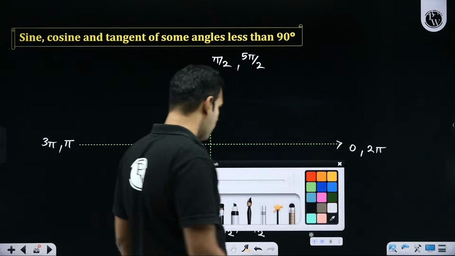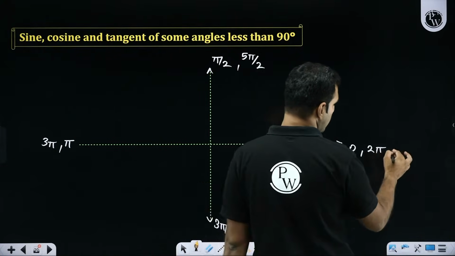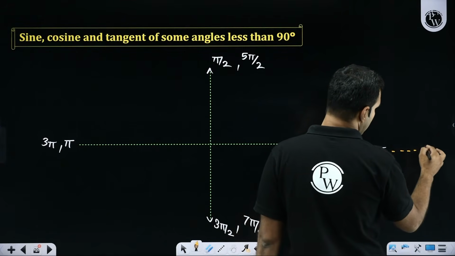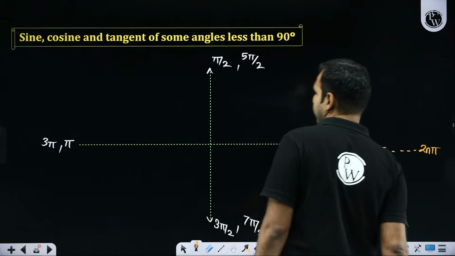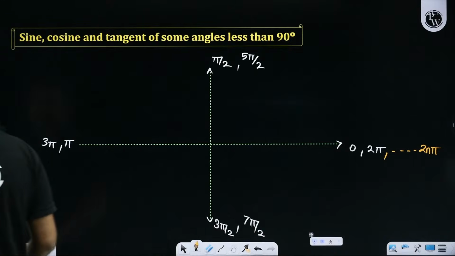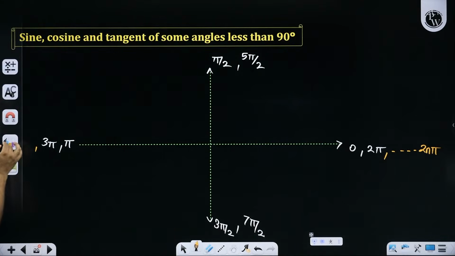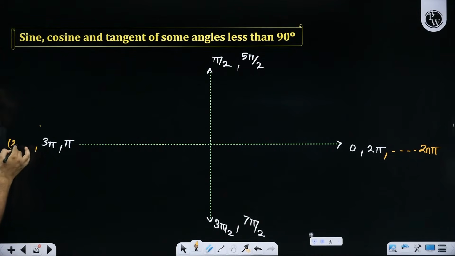But sir, if I could generalize it, how do I generalize it? 0, 2 pi, 4 pi, 6 pi, and so on, so it is like even multiples of pi. Pi, 3 pi, 5 pi, 7 pi, which means it is like odd multiples of pi.